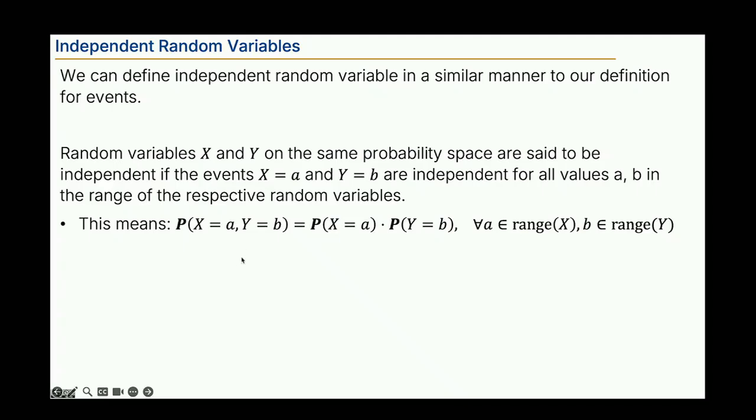Let me try again: if X and Y are jointly distributed on the same space, the probability that we get a and b at the same time is the same as the probability we get a for X times the probability we get b for Y. It's very similar to what we were doing for coin flips, but this is a more generic framing that's going to work for us as we move through random variables.